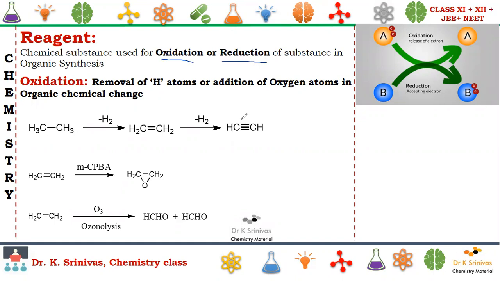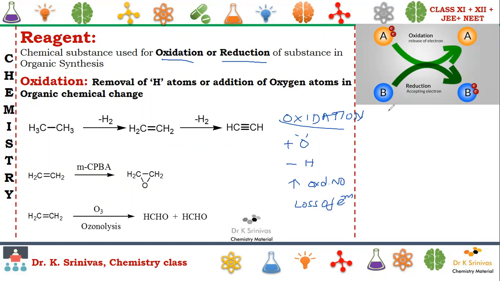In your earlier classes, you have learned about oxidation and reduction. What is oxidation? It is nothing but addition of oxygen, removal of hydrogen, increase in oxidation number, or loss of electrons. That is oxidation.